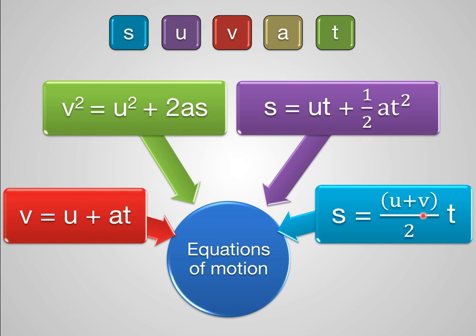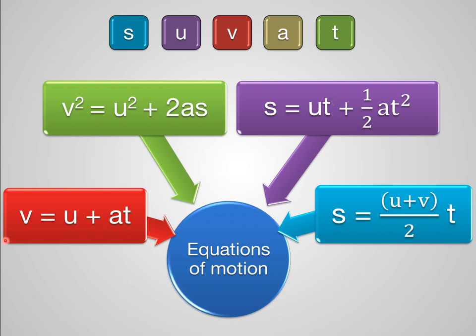Does that mean that equation is for non-accelerated, that is uniform motion? No, it's not. This equation is also for accelerated motion, and this equation will be very useful if you don't know the acceleration. It's an accelerated motion, but you don't know the value of acceleration. In such cases, this equation is really useful. So that's the difference between this and the other three equations.